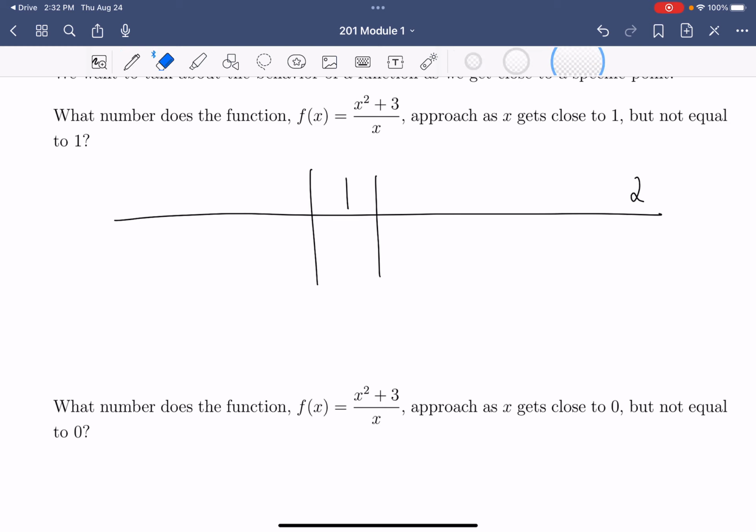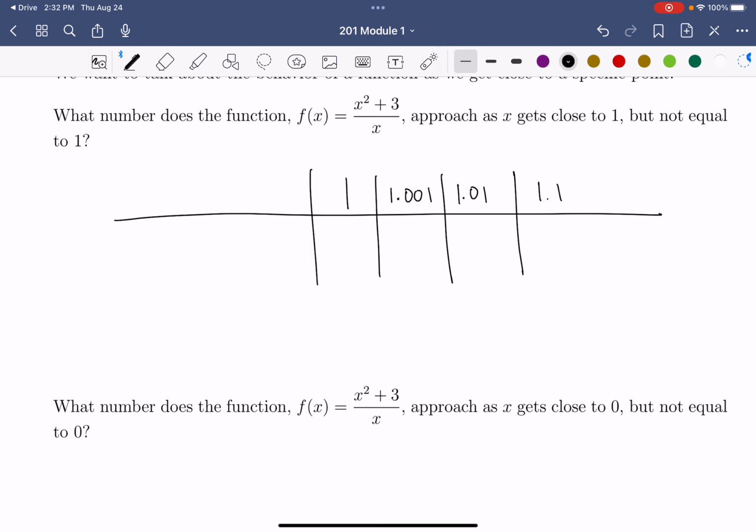So I'm going to choose 3 numbers on each side, and I'm going to make them really close. I'm going to make it within a tenth, so 1.1. And actually, let me give that a little room. I'm going to choose within a hundredth, so 1.01. And I'm going to choose within a thousandth, so 1.001. Right?